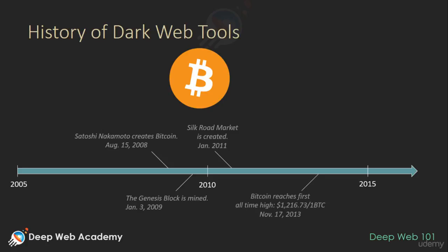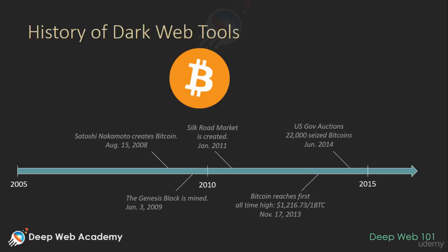And about 2 years later, Bitcoin reached its first all-time high, where it reached about $1,216 for one Bitcoin. But it only took about a year later for Silk Road to be shut down, and the US government seized 22,000 Bitcoins, reselling them to the public, causing a dramatic drop in the value of Bitcoins.